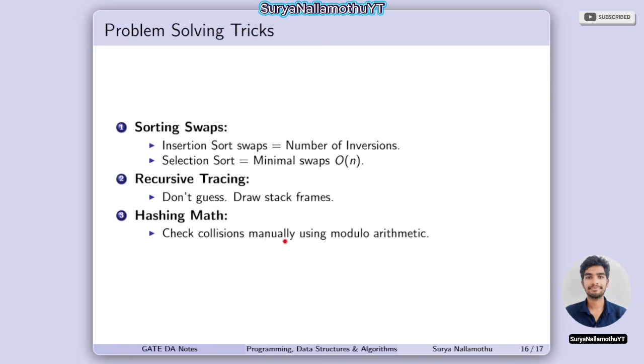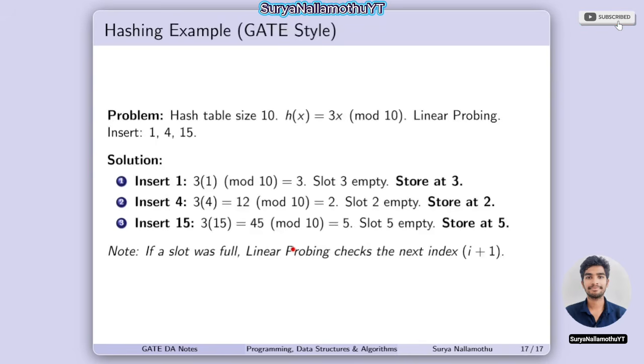Hashing method: check collisions manually using modulo arithmetic. In hashing, we have the formula, right? H(x) with modulus. You need to apply that in the hashing math, then you solve the problems. Next, an example of hashing: hash table size 10, H(x) = 3x mod 10.